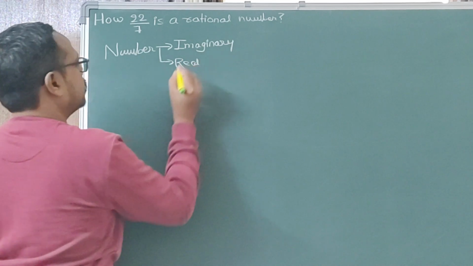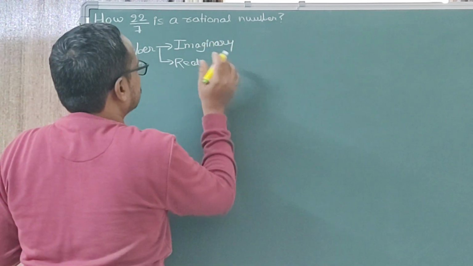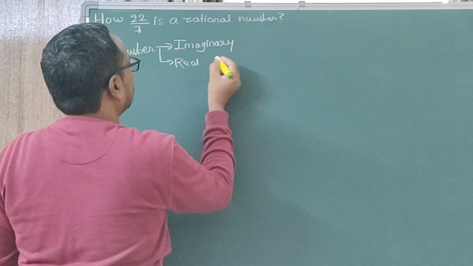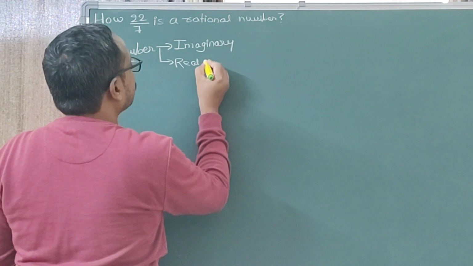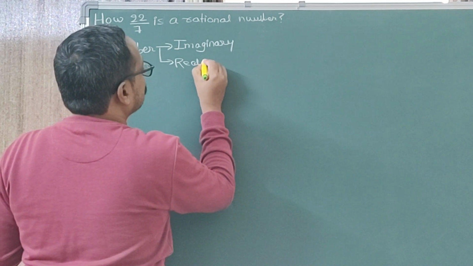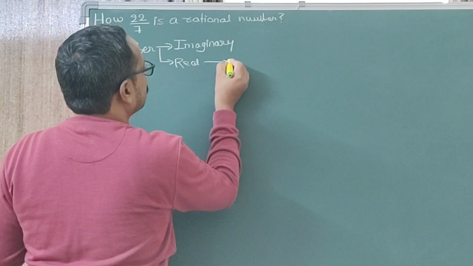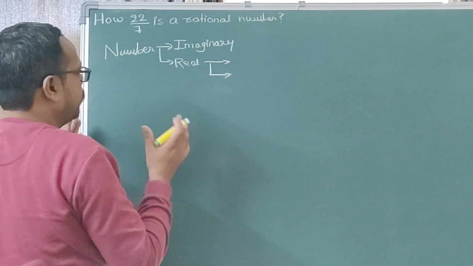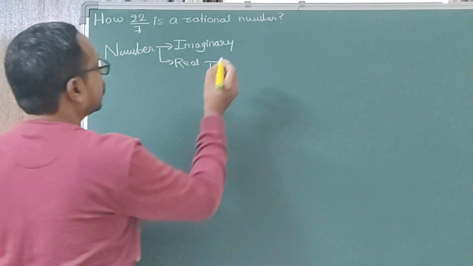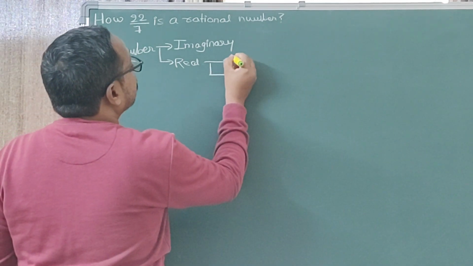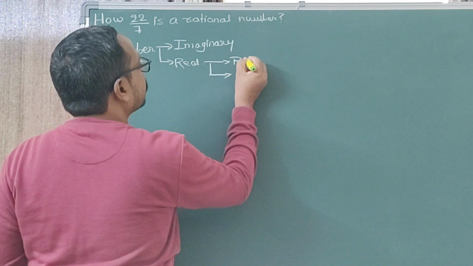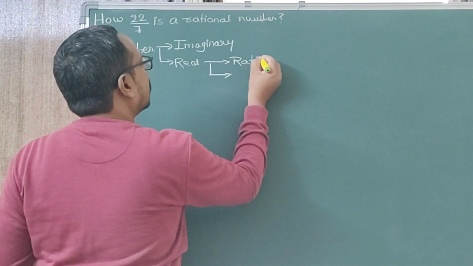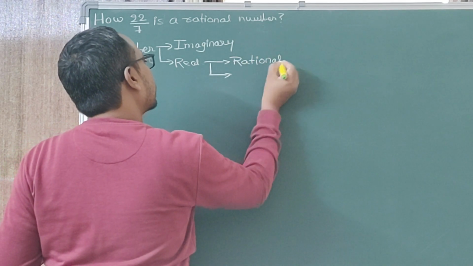Imaginary means the square root of minus something, which we don't deal with now. Real numbers can be further categorized into two categories. It is rational, and the other is irrational.